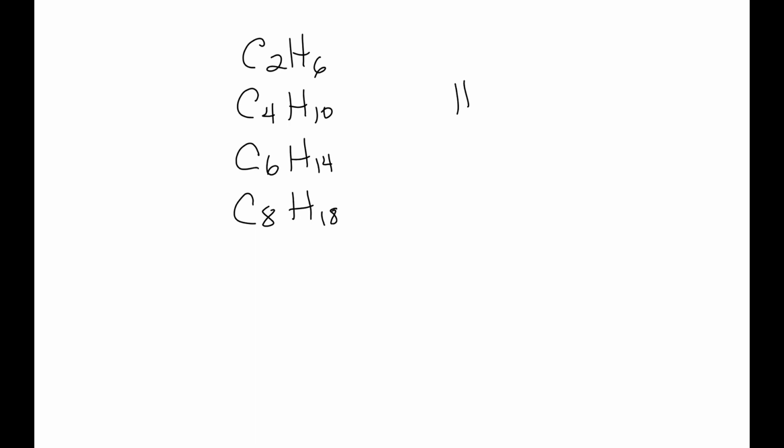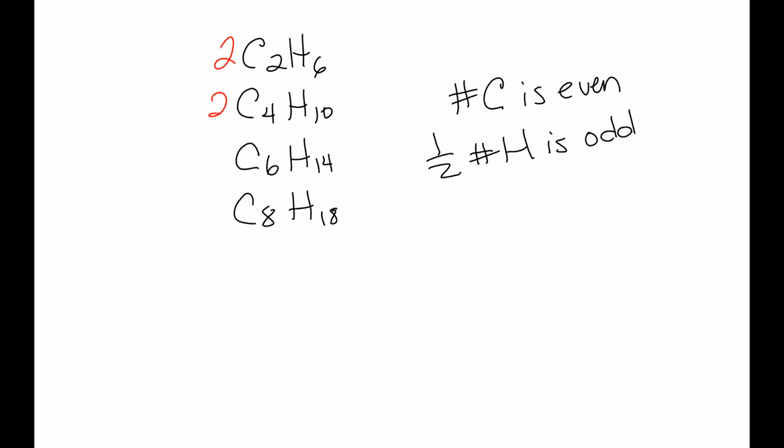Basically, your number of carbons is even, and 1/2 the number of H is odd. Then you must double. So you're going to start out with a 2, 2, 2, and 2 in the equation.